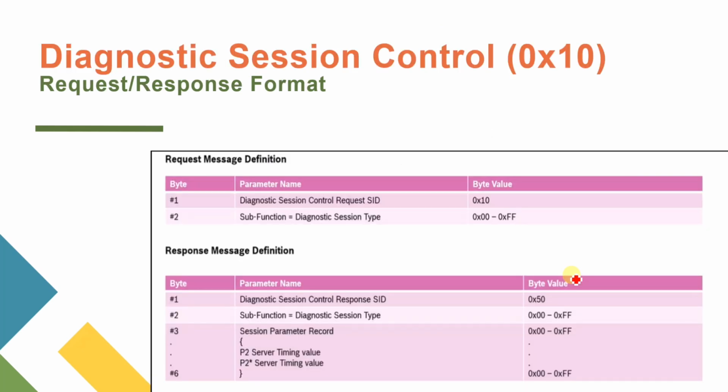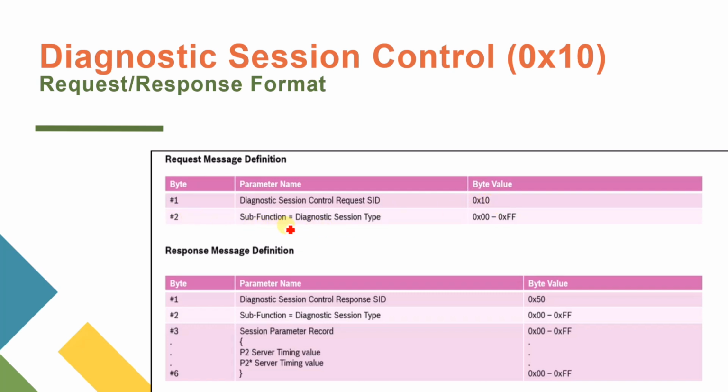And we have a request and response format here. If you want to request some functionality, the UDS specification provides a particular way, and in that way only we need to request. The first byte will be the diagnostic session control SID, that is 0x10.